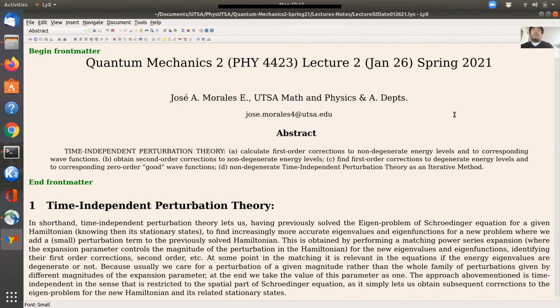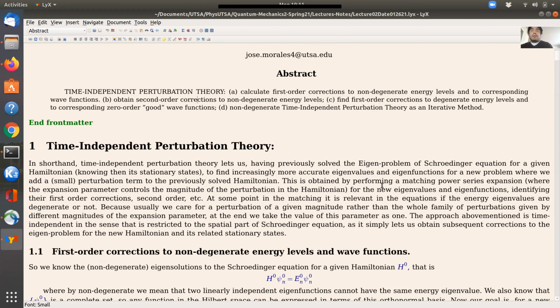I'll tell you what is good later on in the course, so just bear with me. And the last is basically an extra topic which I also think is interesting, that you can interpret the non-degenerate case of time-independent perturbation theory as some sort of iterative method. That's interesting, but that's the last part of the chapter.